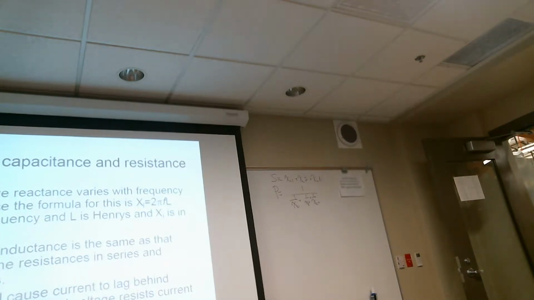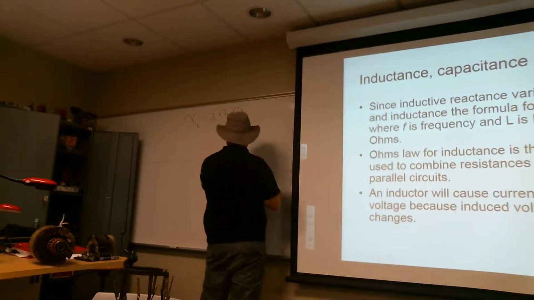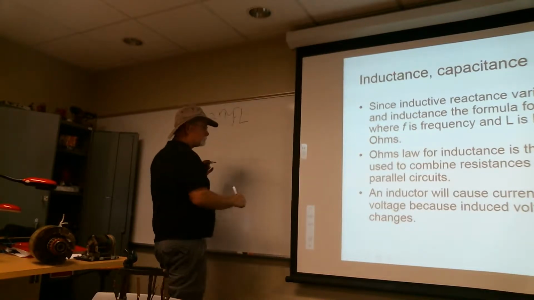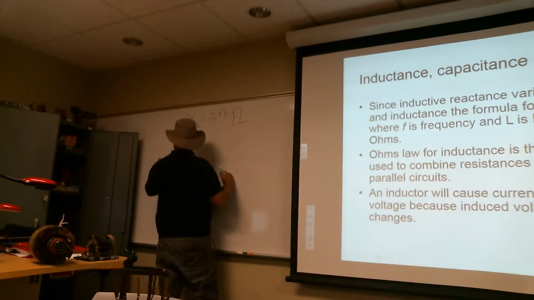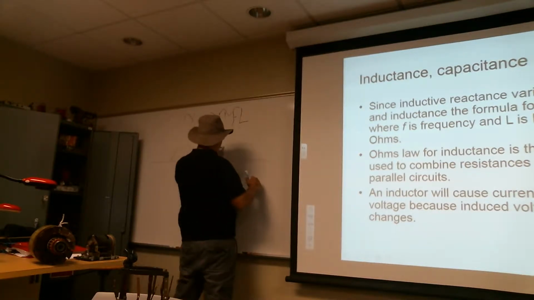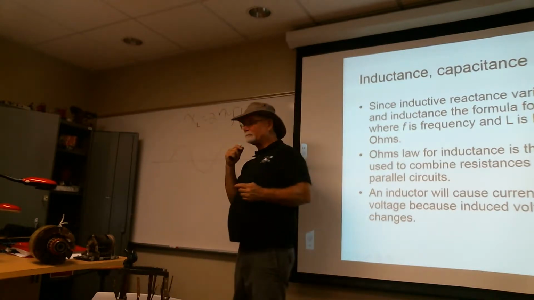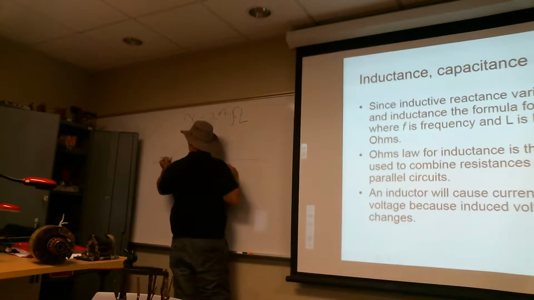The other thing that's going to happen is, I guess I can draw it over here, if I look at my plot line and if I, let's do voltage. If I look at my voltage like that, let me put a little V there.